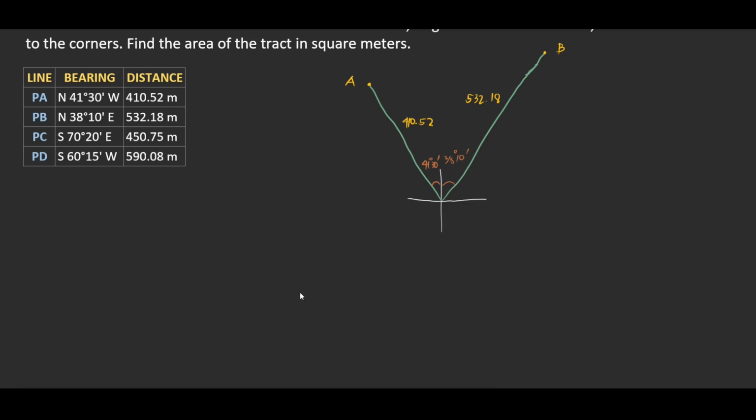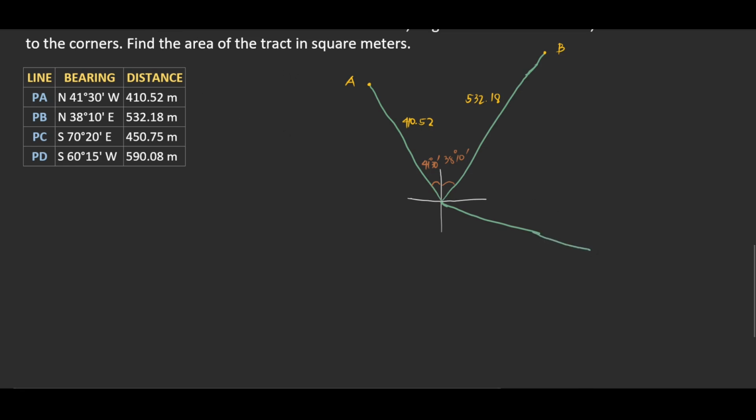So south 70 degrees 20 minutes east. So what's that? So that would be about here, and it's 450. So let's see.